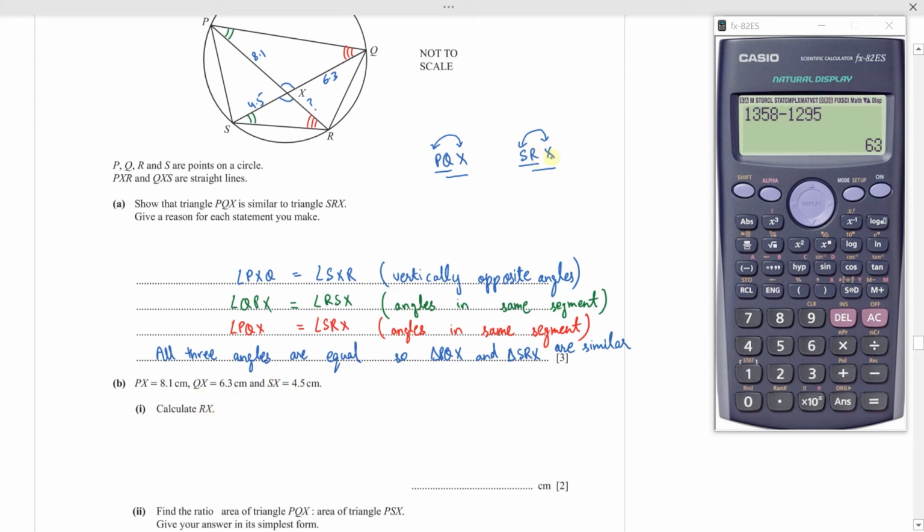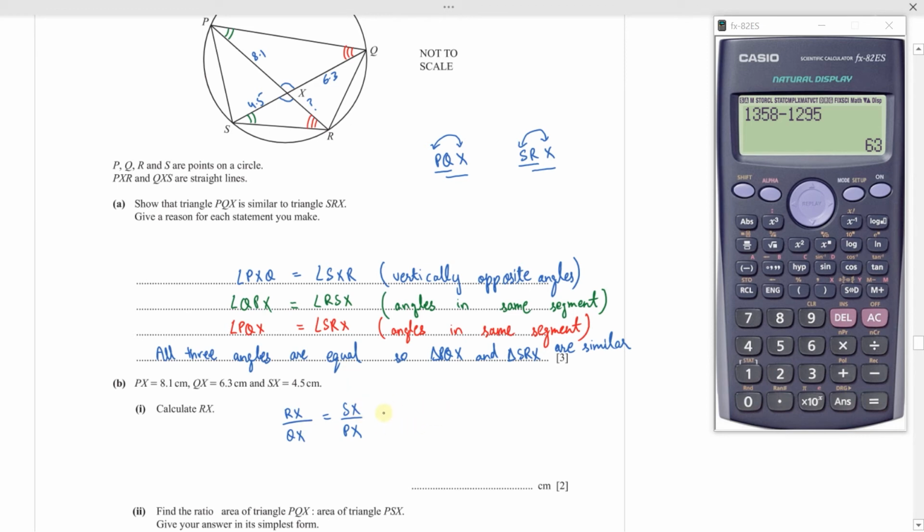So RX over its corresponding side QX, this ratio will equal the ratio of the two sides I know, SX and PX. So these are two corresponding sides as well. I will take SX from this triangle and the corresponding side PX from this triangle. So these two ratios are equal.